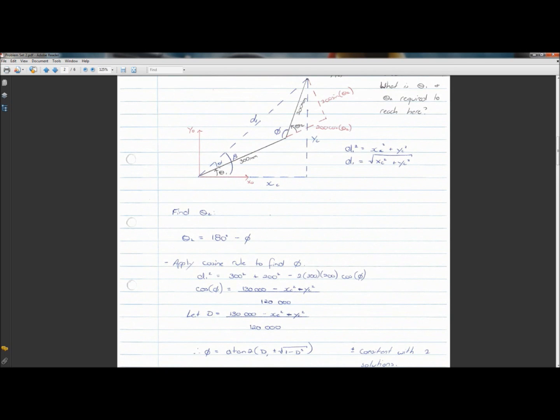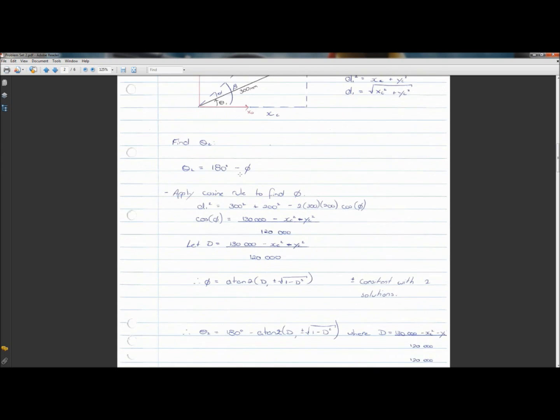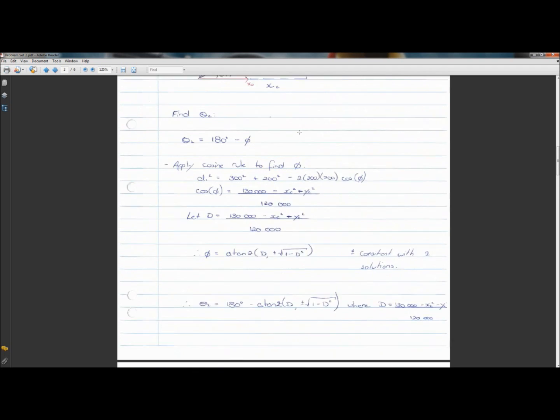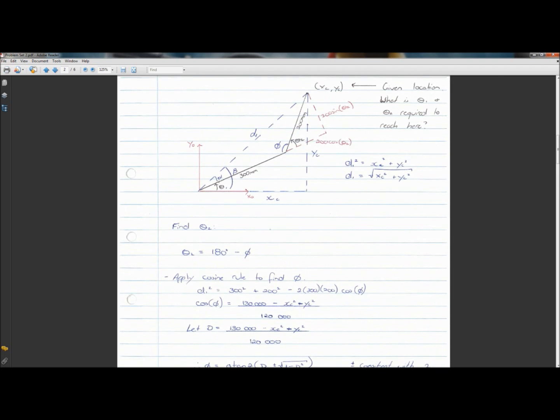Up here, theta 1 will be equal to beta minus alpha. Beta is simple: looking at this, it creates a triangle using xc, yc, and d1, so we can apply atan 2 to xc and yc to give us beta. So beta will be equal to atan 2 of xc, yc. And then alpha.